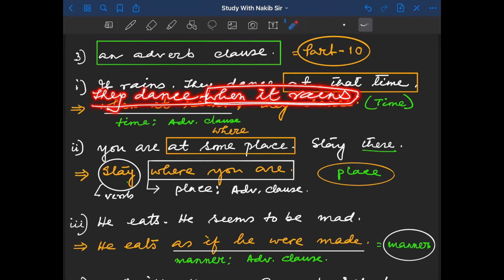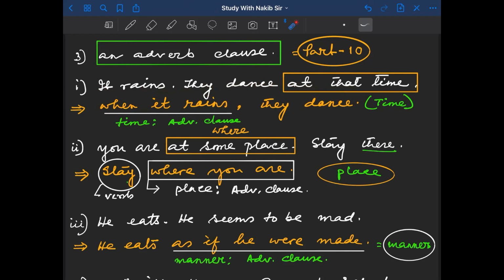This adverb clause is used at the end of this sentence, but instead of writing this at the end of the sentence, you may write it at the beginning like this. When it rains, they dance. So if you use the adverb clause at the beginning, don't forget to use this comma. So your combined sentence is when it rains, they dance, or they dance when it rains.